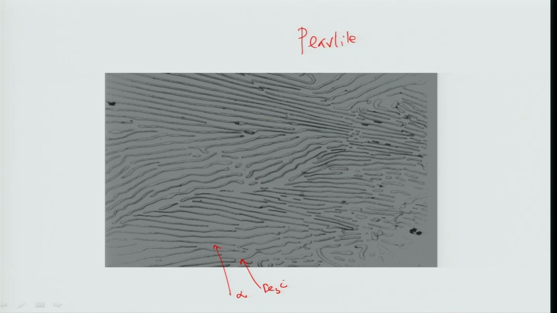Remember, alpha here is a solid solution of carbon in alpha BCC iron at room temperature. And Fe3C is an intermetallic or intermediate phase or compound, with fixed stoichiometry 3:1, containing about 6.67% carbon and the rest is iron.